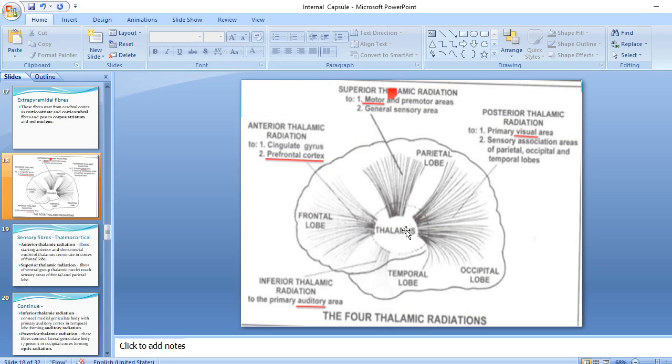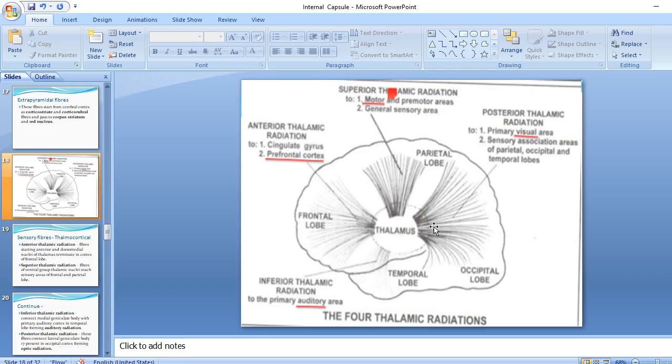And as such, you can see the anterior thalamic radiations which go to the cingulate gyrus and the prefrontal area of the frontal lobe. The superior thalamic radiations go to the parietal lobe in the motor and the premotor areas, and they carry the general sensations.